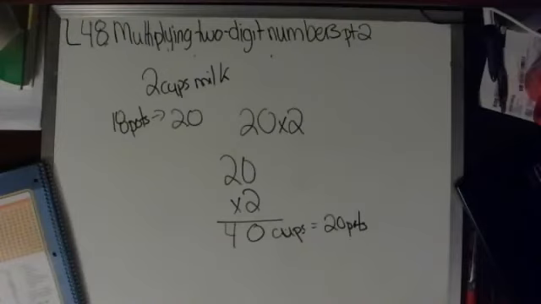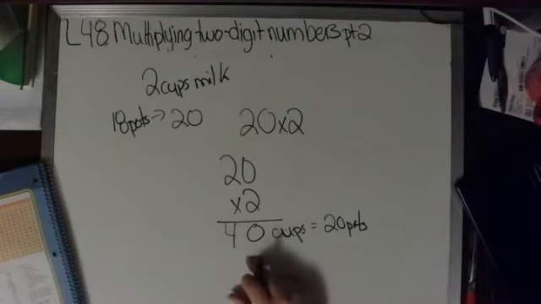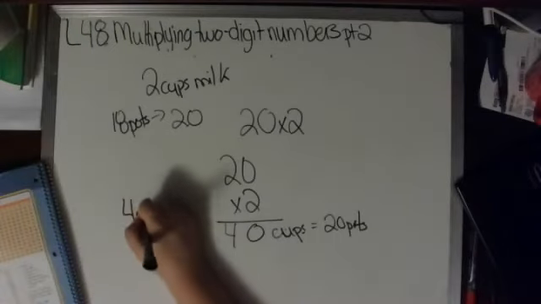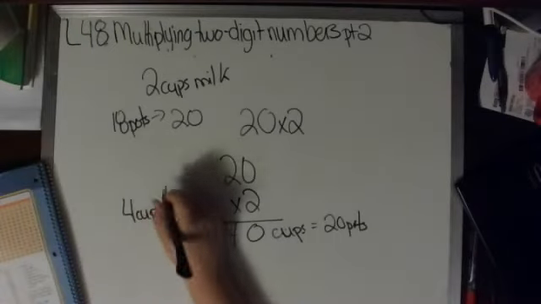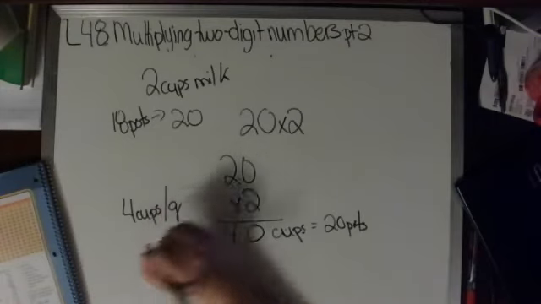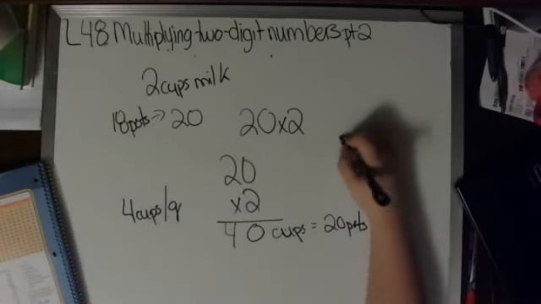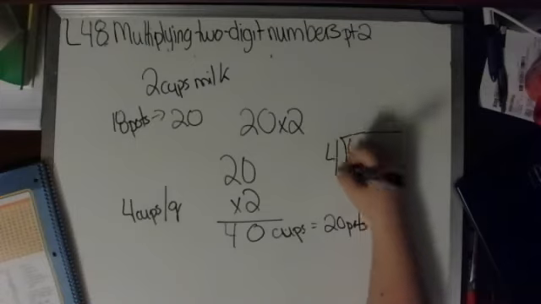Now, it asked in that question for quarts. It wanted how many quarts of milk. So the chef needed 40 cups of milk, but we were asked for the number of quarts. Since 4 cups equals a quart, we divide 40 by 4. So we take this 40, and there are about 4 cups per quart of milk, so we're going to divide it by 4.